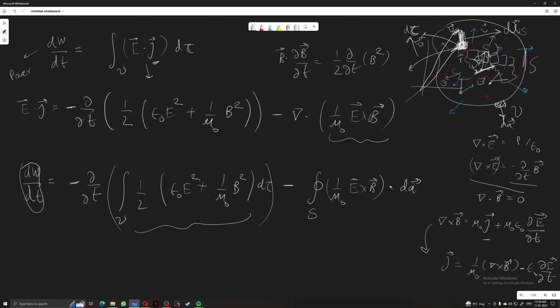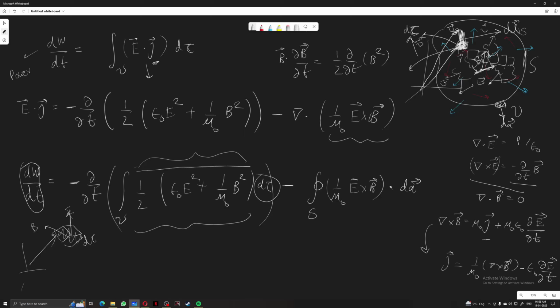Since this is energy times the volume, I can consider this part as the energy density of the fields. If I again talk about this little section d tau, the volume, there is some electric field and some magnetic field.